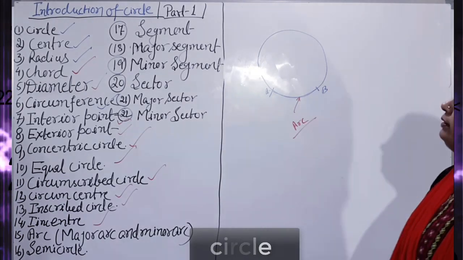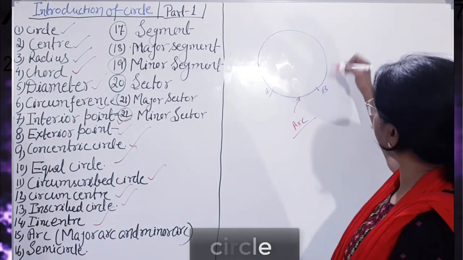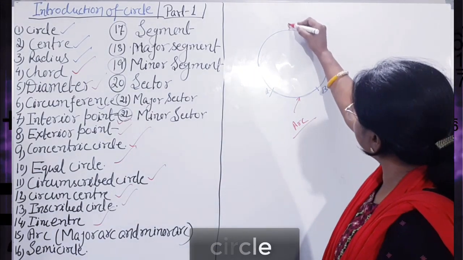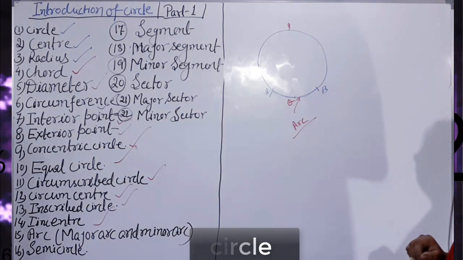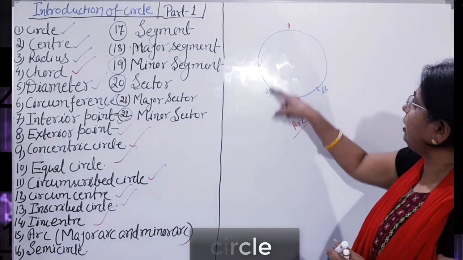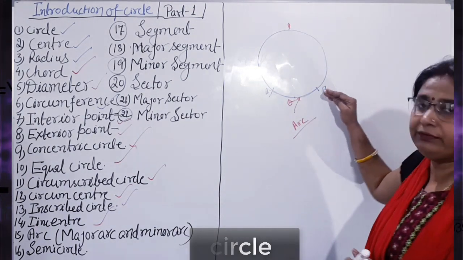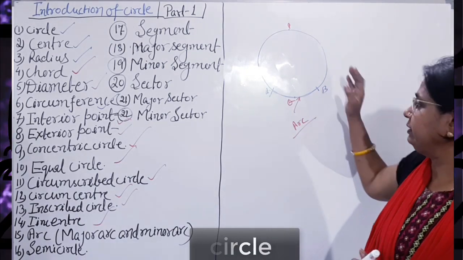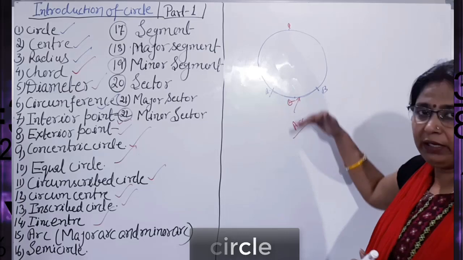Now suppose this point is P and this point is Q. Then we can see APB is the bigger portion of the circumference and AQB is a smaller part.